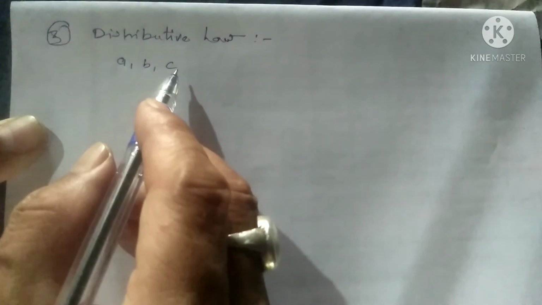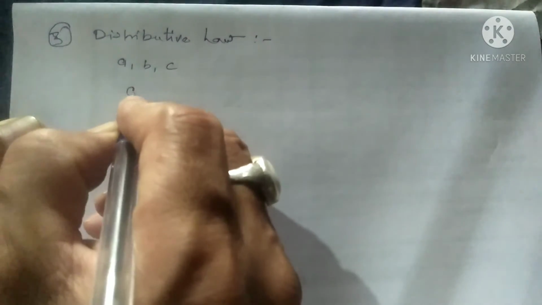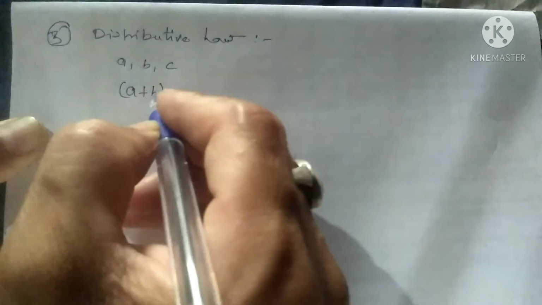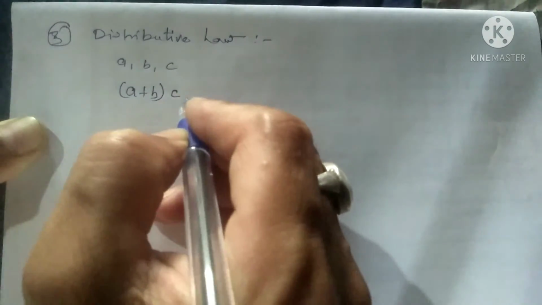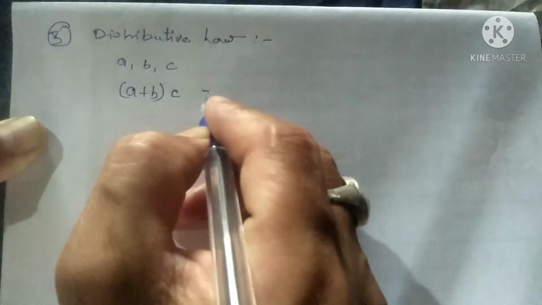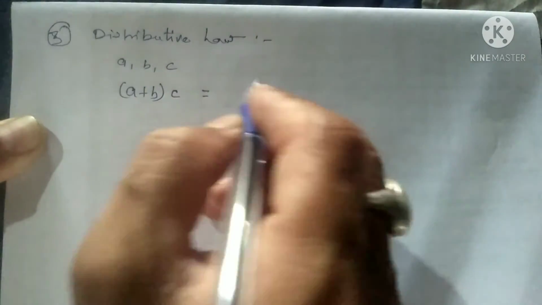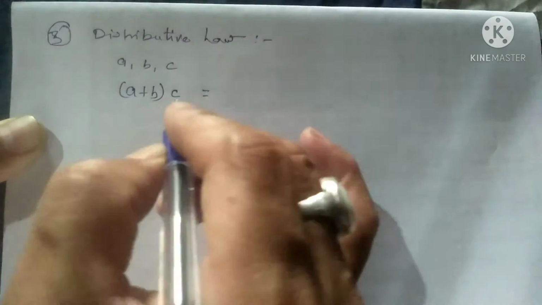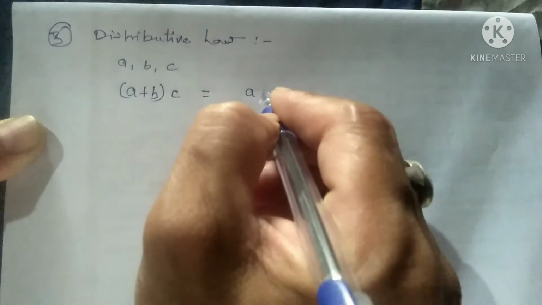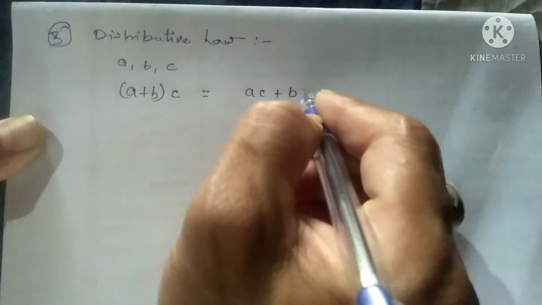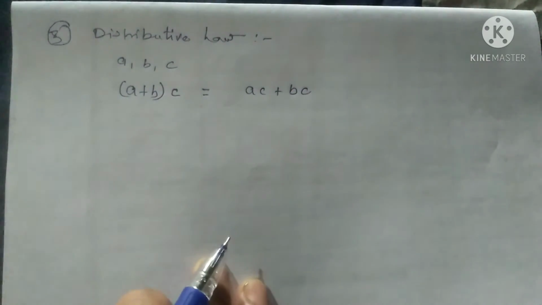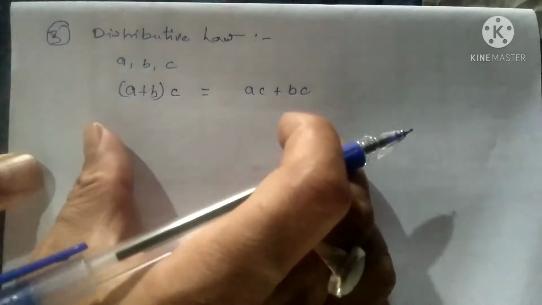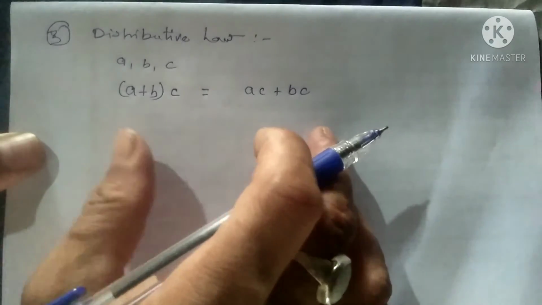According to the distributive law, if two numbers are grouped and multiplied by the third, this third will be distributed equally to the two real numbers placed inside the bracket. So A times the bracket of B plus C equals AC plus BC.